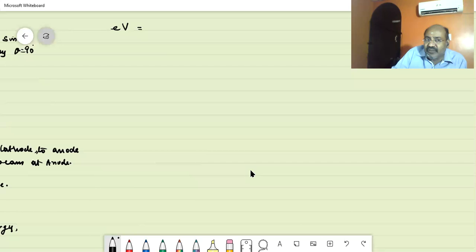So according to law of conservation of energy, the potential energy is equal to kinetic energy. So E into V is equal to half into m into v square. From this, take this m to the other side.